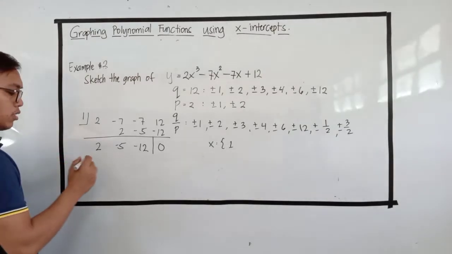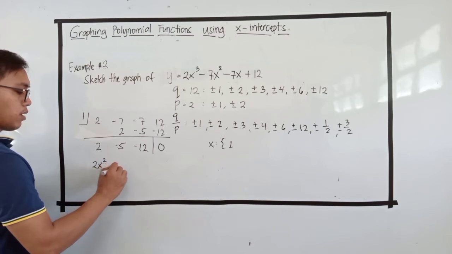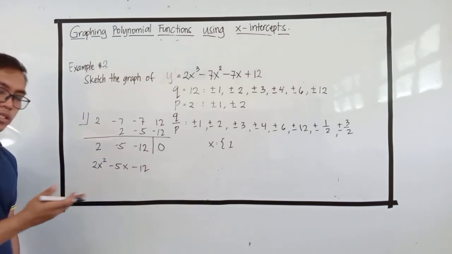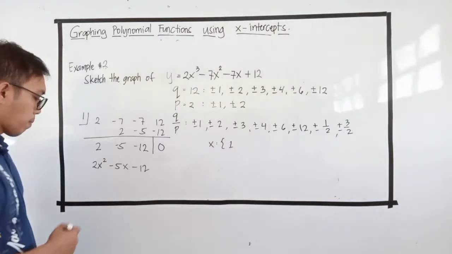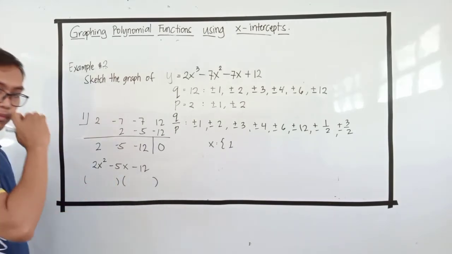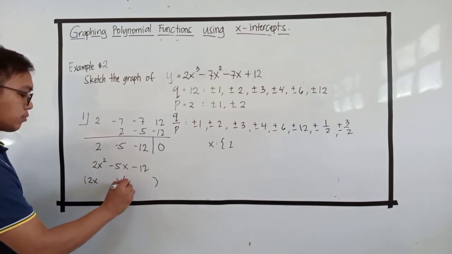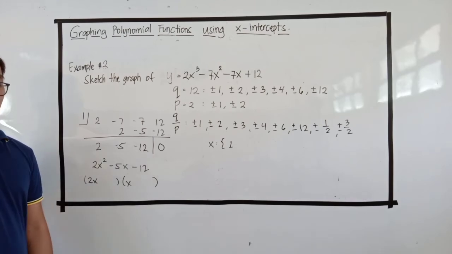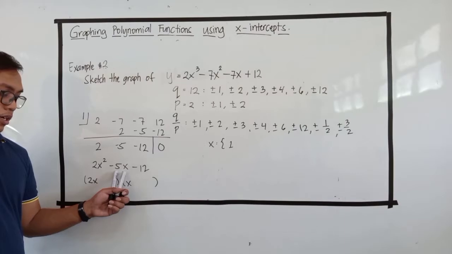The remaining quotient can be written as 2x squared minus 5x minus 12. And in this case, we can now factor this as a trinomial. So we split this into 2x and x. And we need to get the factors of -12 in combination with the factors of 2 to get the middle term.